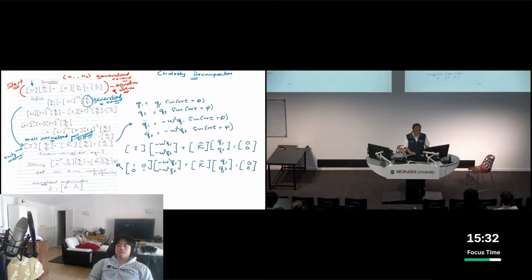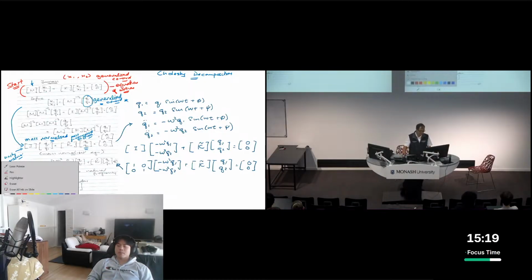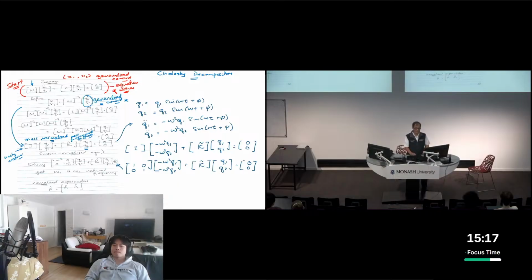This equation of motion is still in terms of the generalized coordinates Q1 and Q2. Now, it is from this that he's able to determine the solution. I'll show you how this is done with some examples.